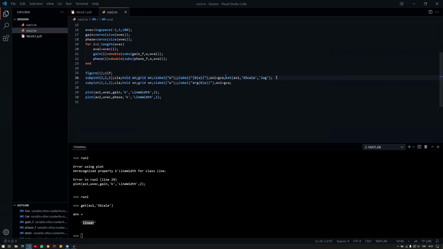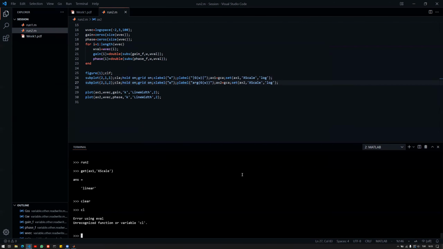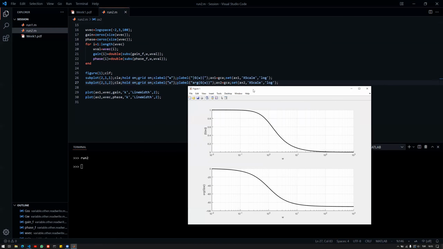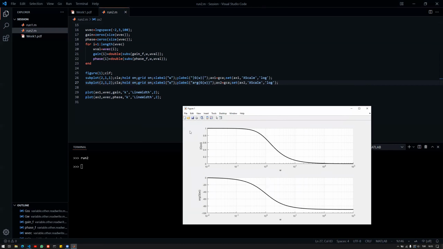So we'll change it manually to log. So run 2. Let's try it again. Now you see the more traditional look and feel. Now, yeah, this is basically it.